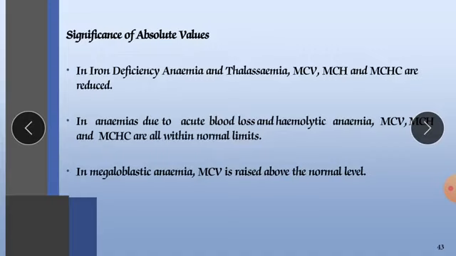So they are reduced. In anemias due to acute blood loss and hemolytic anemia, MCV, MCH and MCHC are all within normal limits. In megaloblastic anemias, MCV is raised above the normal level.